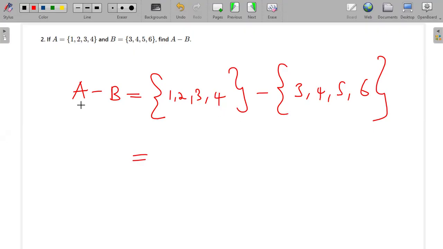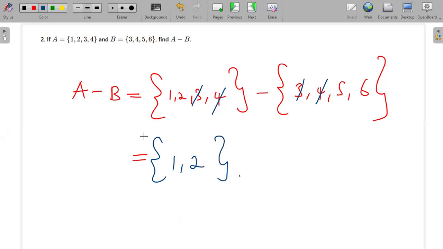So in the set A minus B, only the elements that I cannot see in set B should appear. In set A, I can see the 3, I can also see it in set B. I can see 4, I can also see it there. So the 3 and 4 have cancelled out. I'm only remaining with what? 1 and 2. So that would be the answer there.